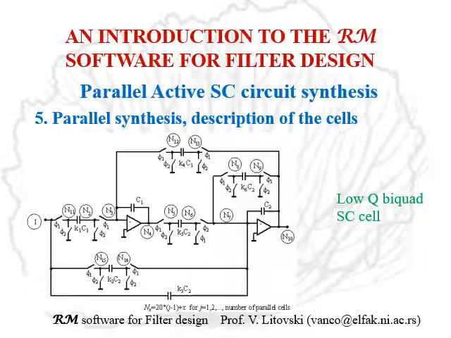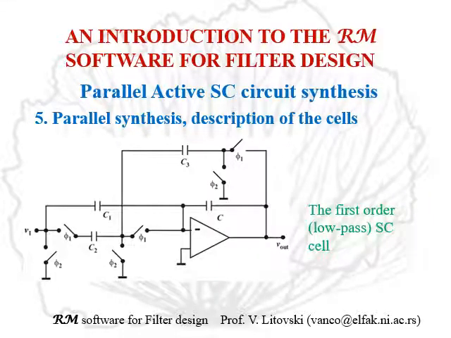Here is its low quality factor counterpart, and this one is the first order cell, which makes a complete set of 3 cells necessary for parallel synthesis of active SC filters.